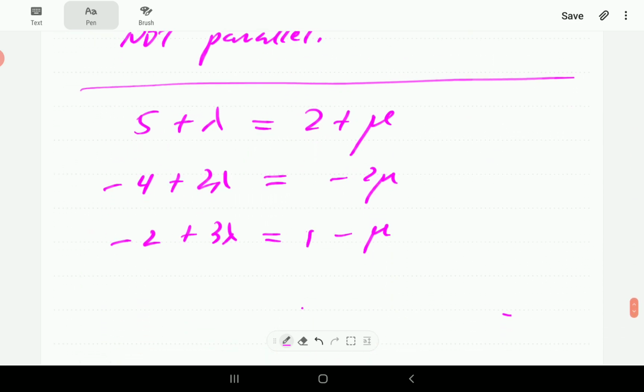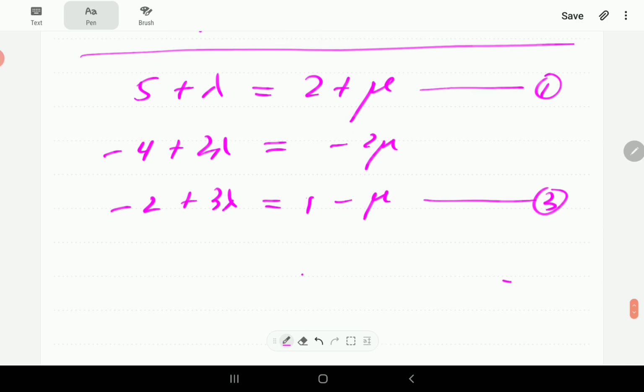Okay, if we solve between 1 and 3, we can just add, and mu is going to cancel out. So 1 plus 3 is going to give us 3 plus 4 lambda equals 3.